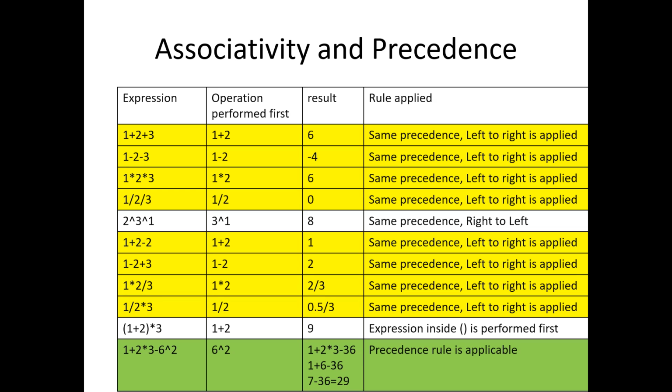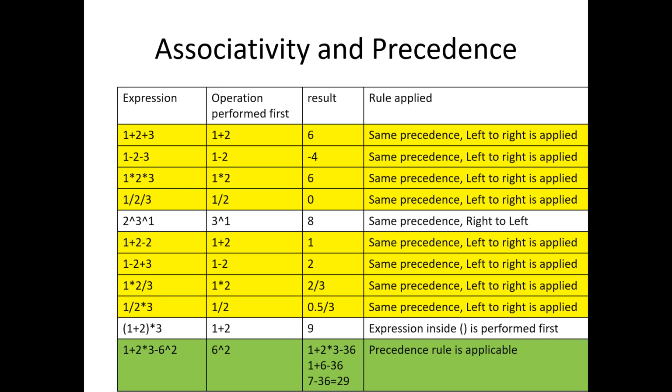Then that result is subtracted by 3. The answer is minus 4. Here again, minus has the same precedence. When precedence is the same, we have to consider left to right or right to left associativity.